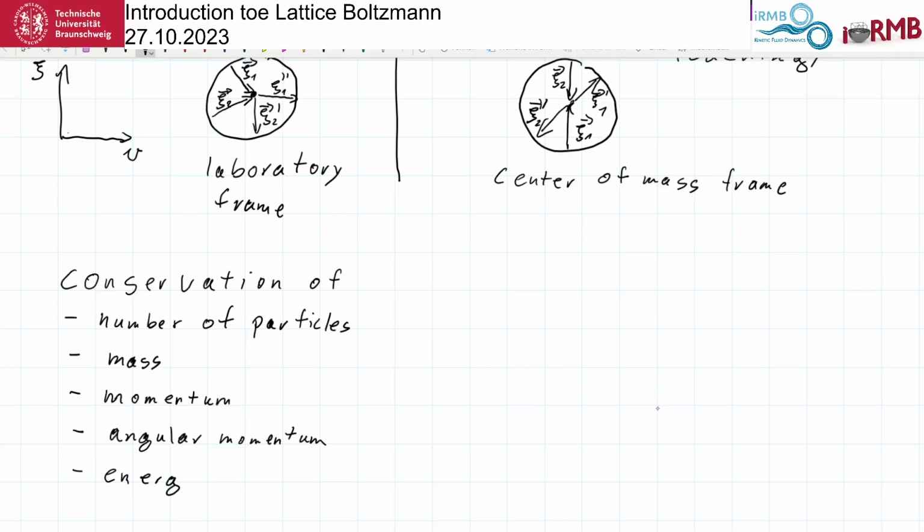conserved in this setup. So what does it actually mean that momentum is conserved? We have the mass of a particle and we have the incoming velocities.